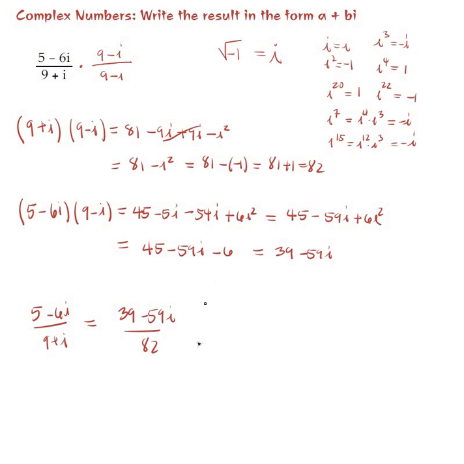So we divide these two terms by 82. We get 39 divided by 82 minus 59 divided by 82 i, and that is the answer.